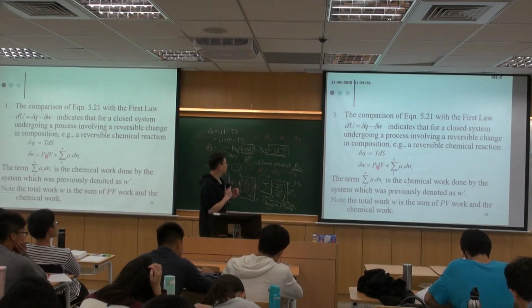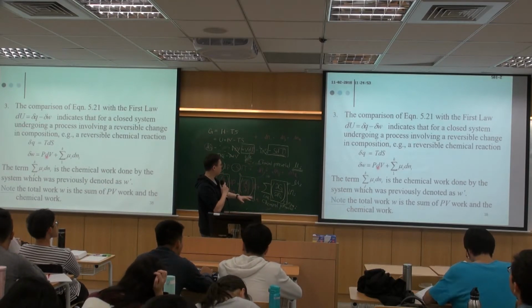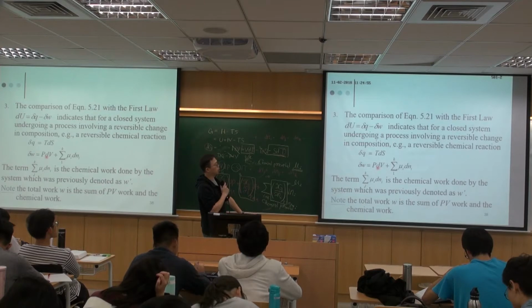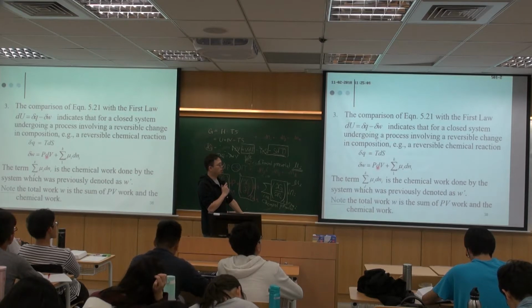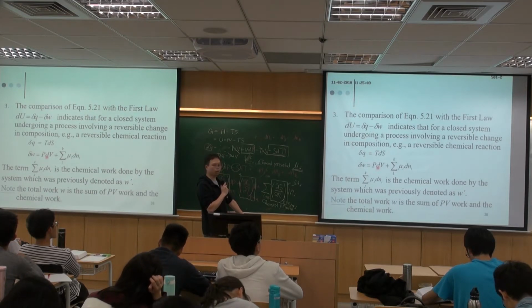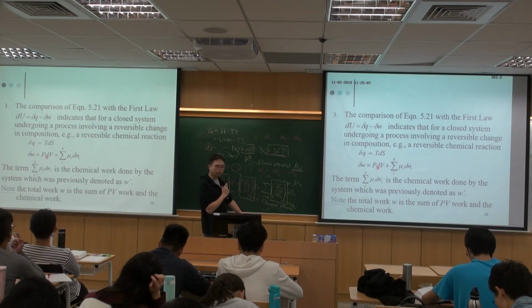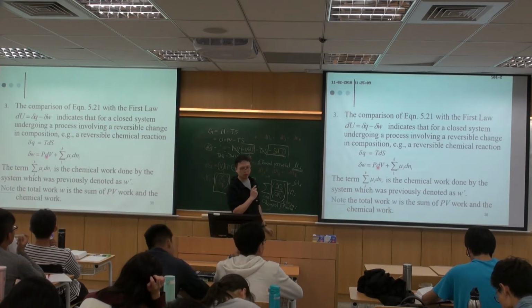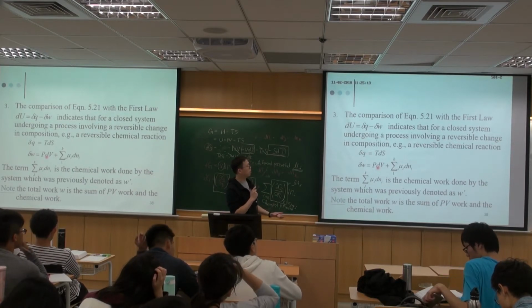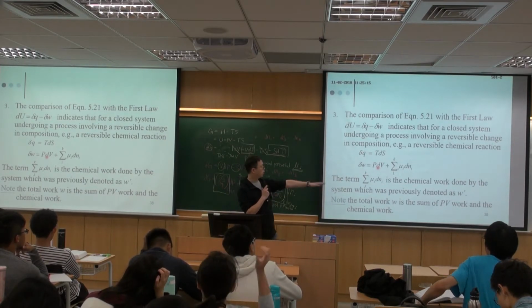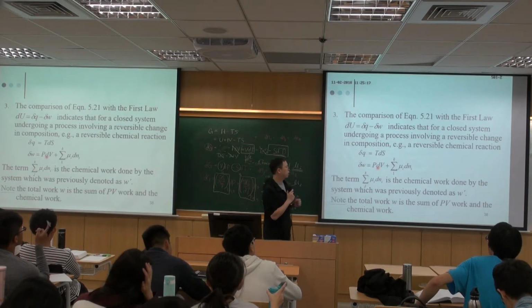So this corresponds to what I mentioned earlier, that if you're just dealing with, for instance, gas, and you are not dealing with any chemical reaction or any electrical work, then all the work that you have to worry about will be PdV. But if you're dealing with systems with, for instance, chemical composition change, for instance, a chemical reaction, then the work should have this extra term.